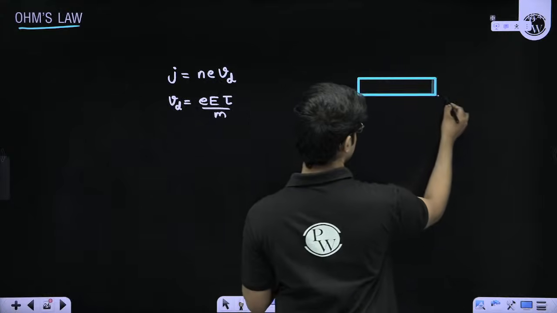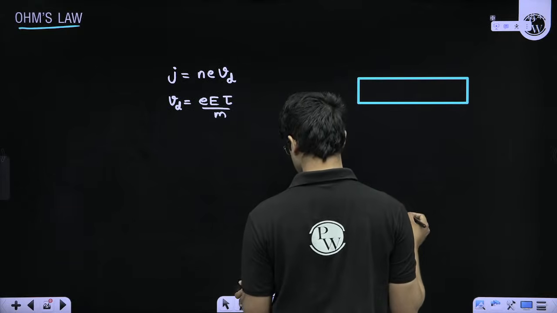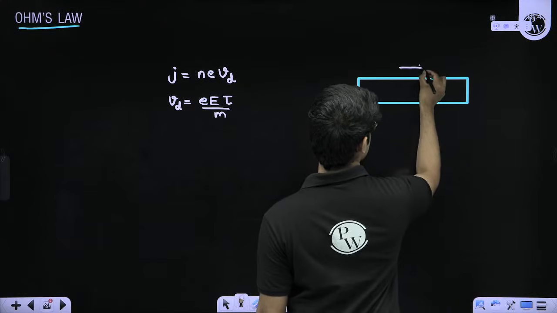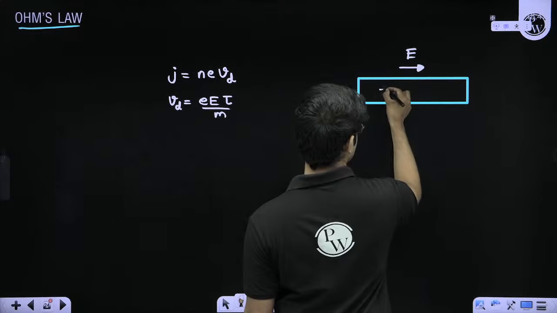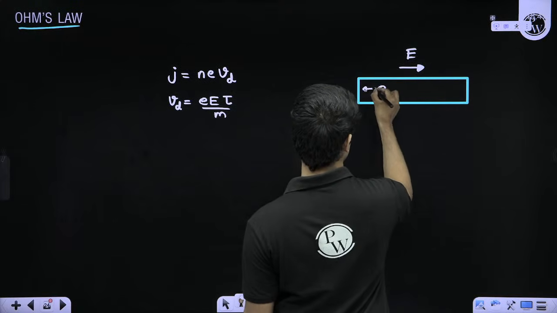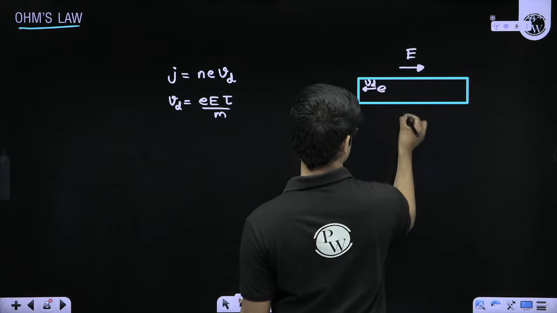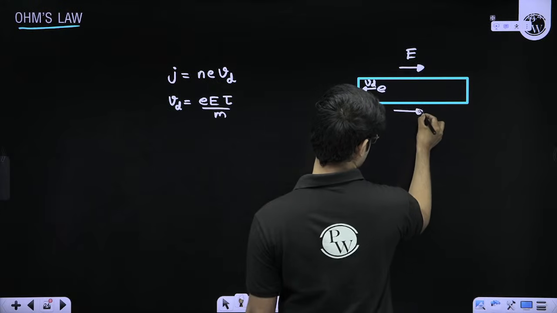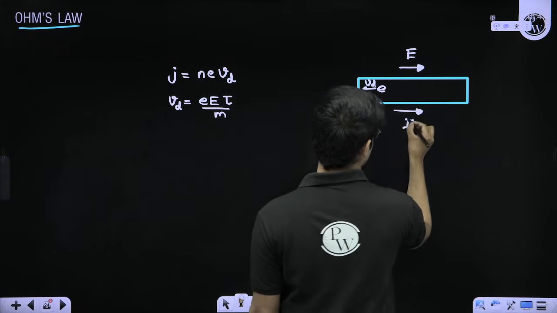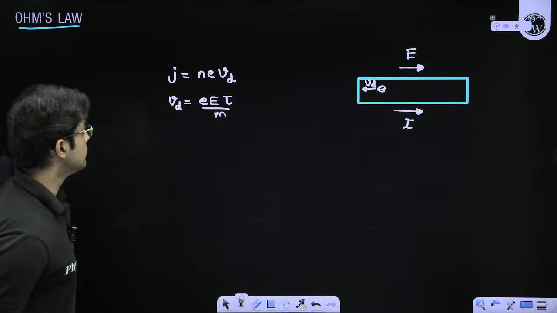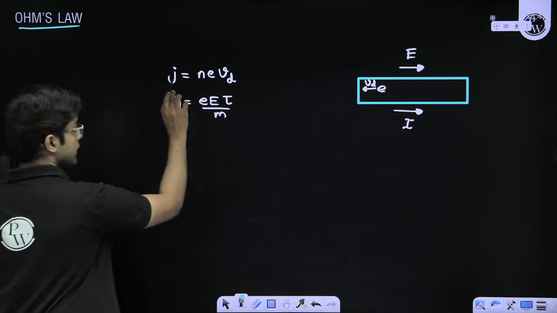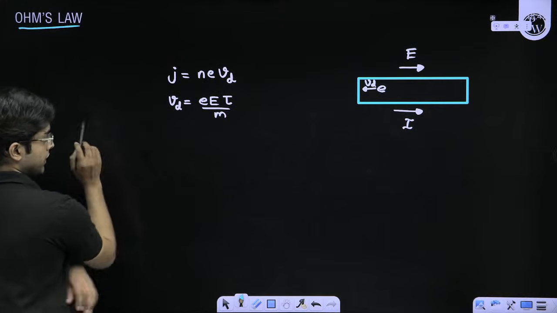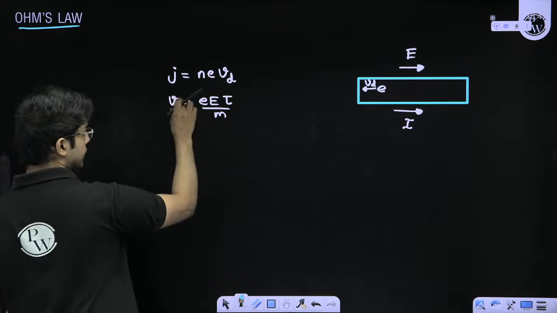and I'm taking the original case itself where we apply an electric field, and electrons start to drift to the left, which basically means current is to the right. So first I'm trying to get a relation between J and electric field E. So I'll try to get rid of this Vd.